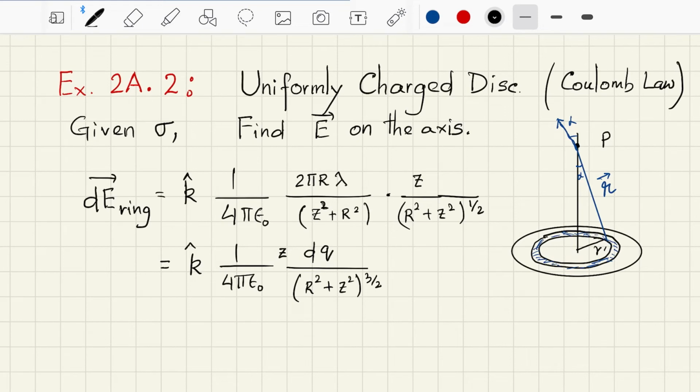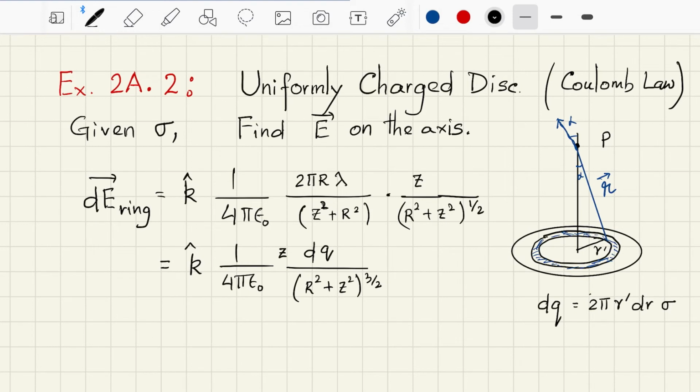So if I know it for the ring, the only thing that you need to do is my dq has to be replaced by the sigma. The sigma would be 2 pi small r or r prime, this is 2 pi r prime into dr prime times sigma.